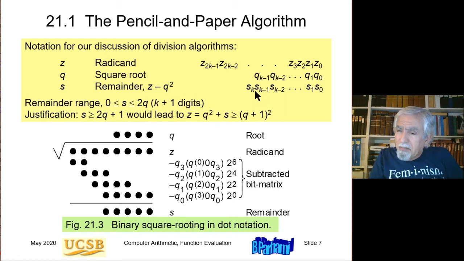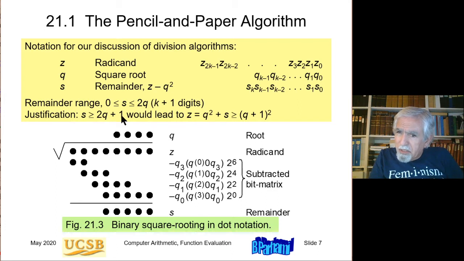Okay, this remainder, in fact, may have one extra bit compared to the root. The reason for that is that the remainder can be up to 2 times q. That's why we need an extra bit, because it's a factor of 2. And why can it be up to 2 times q? That's the maximum.